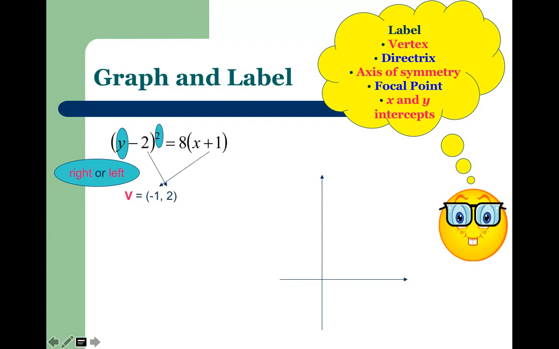Our vertex, I need a pen. I'm going to graph this as we go, is negative 1, 2. So there's my vertex. I'll label it negative 1, 2.